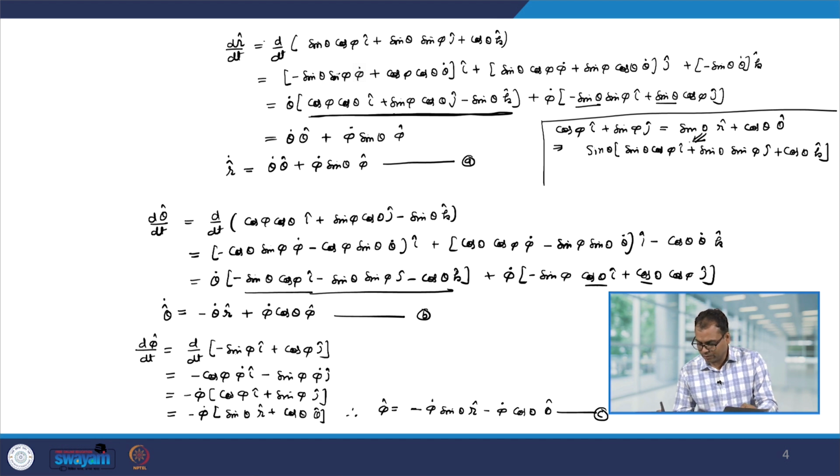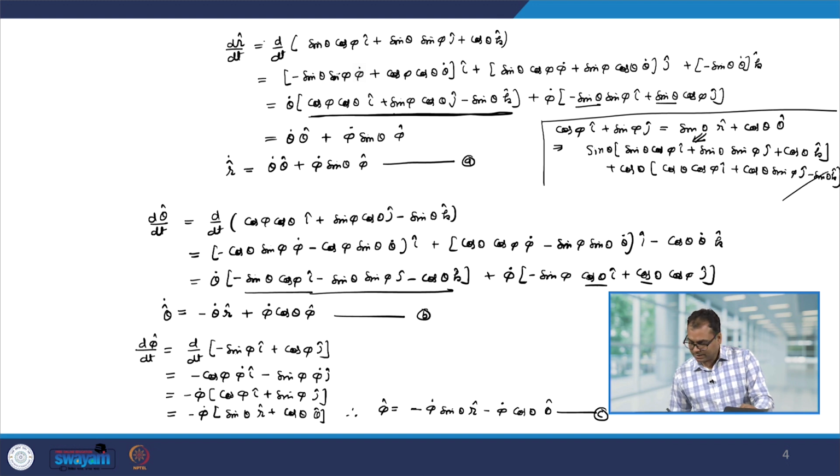So, we are solving this side plus cos theta, and theta cap was cos theta cos phi i plus cos theta sin phi j minus sin theta k cap. Now, this sin theta gets cancelled with that cos theta because there is this sin theta and cos theta multiplication.